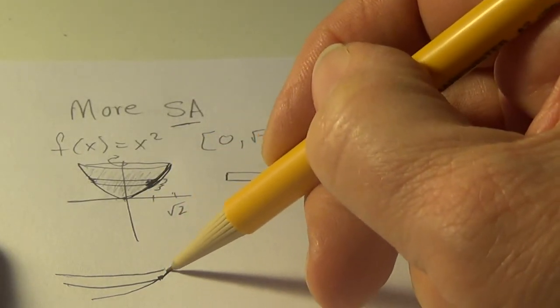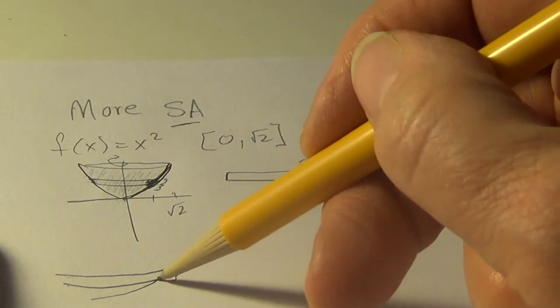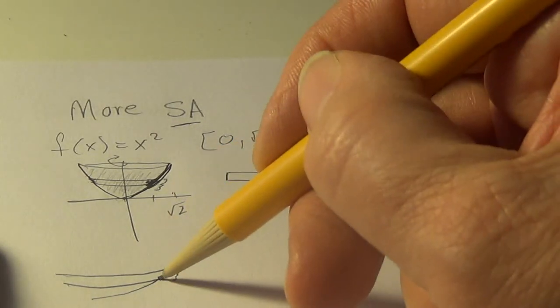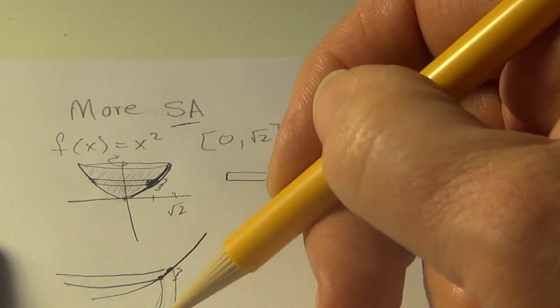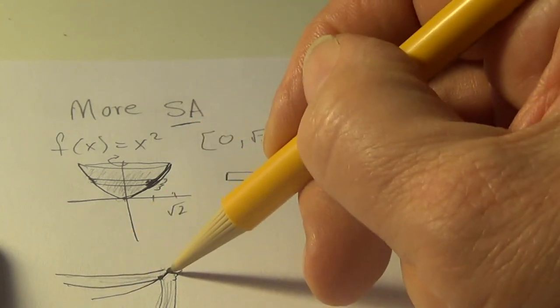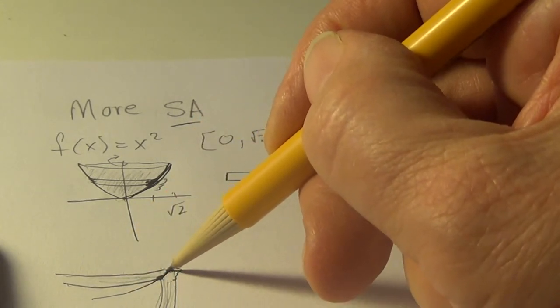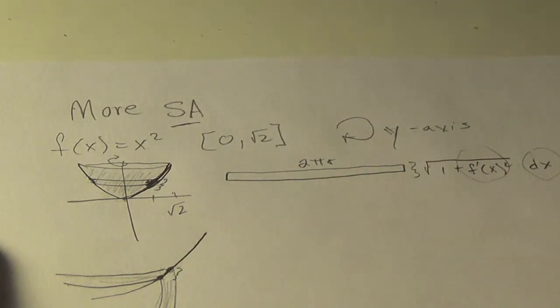Right here, the thickness of that ribbon is the same as it was when I took the ribbon the other way. It didn't matter whether I wrapped around the x-axis or the y-axis, I'm still using the thickness between these two spots, which is also a dx.